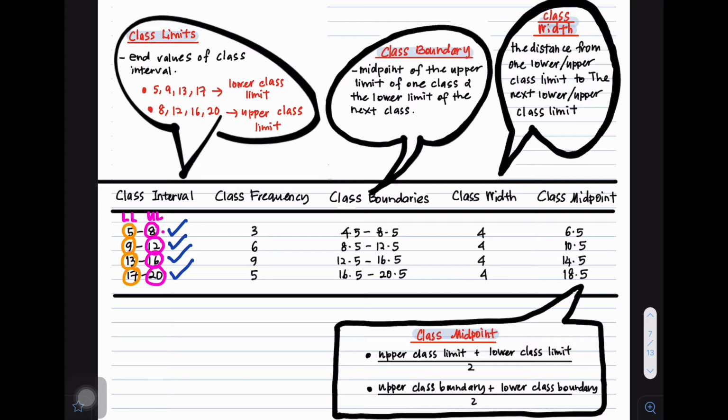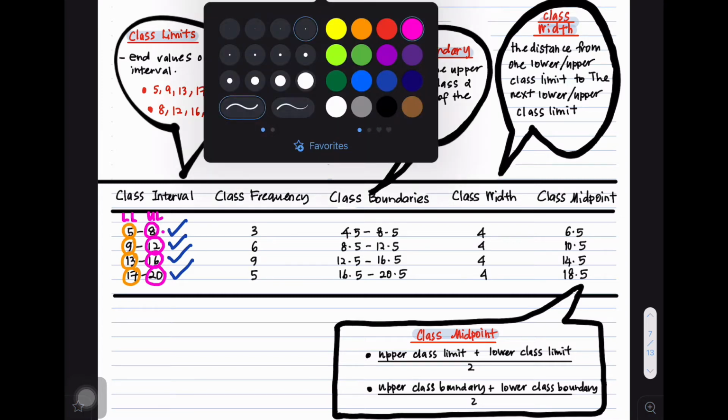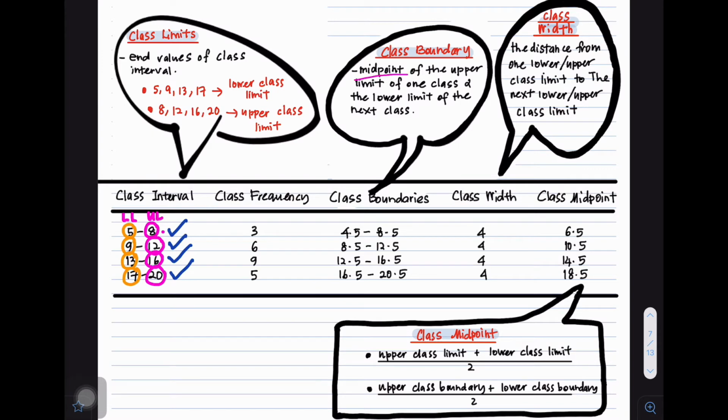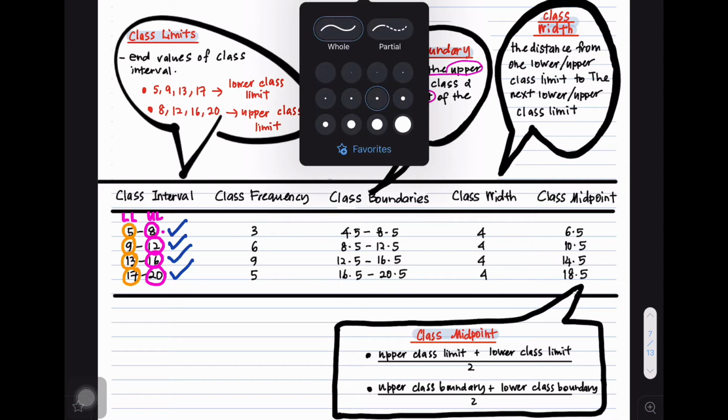And then we have a class boundary. So what is a class boundary? Class boundary is a midpoint between the upper limit of one class and the lower limit of the next class. You need to be careful with the definition.